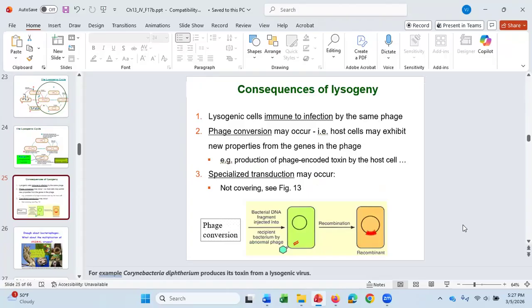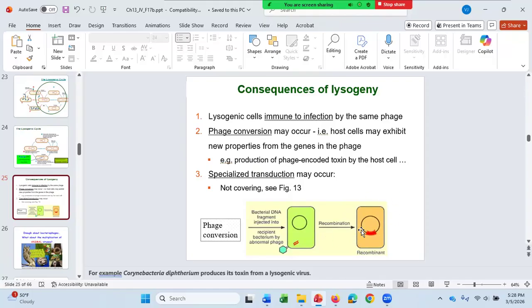First, if there is a host cell that has a lysogenic virus in it, this cell is now immune to infection by the same species of virus. So once the cell gets infected with a lysogenic virus, it enters the lysogenic life cycle.